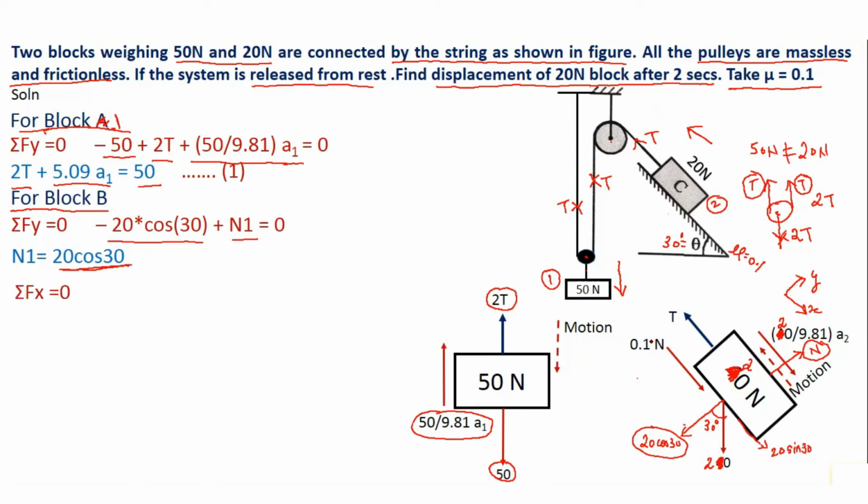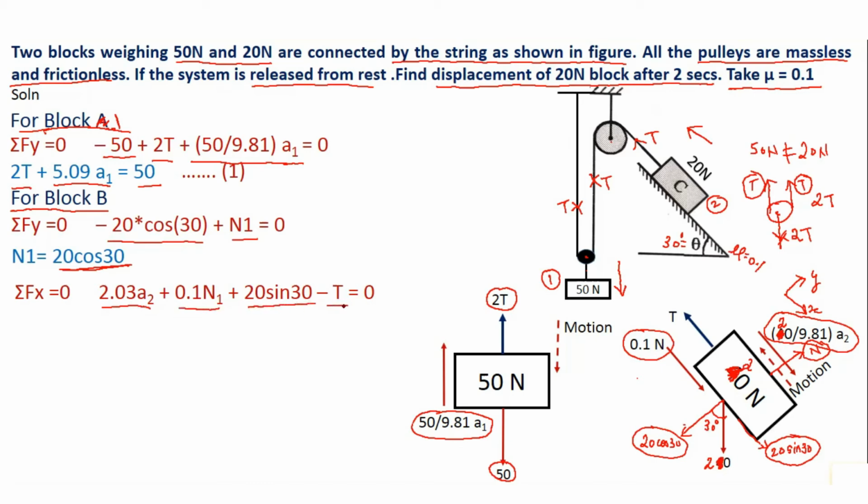apply summation of Fx is equal to 0, for which I have the forces 0.1 n1, 20 divided by 9.81 A2, and this 20 sin 30. Applying that, I will get 2.03 A2, which is 20 divided by 9.81, plus 0.1 n1, and 20 sin 30 minus t is equal to 0.